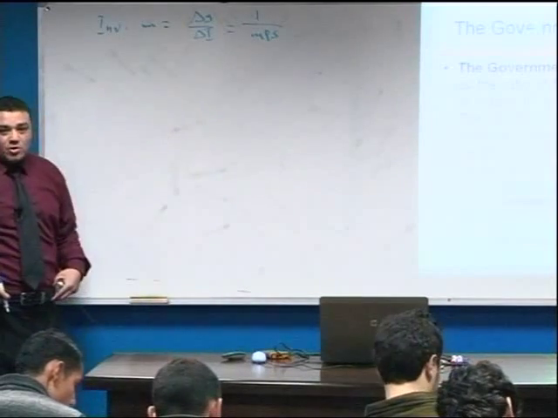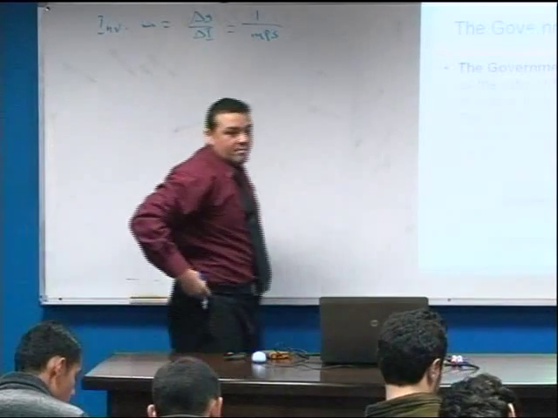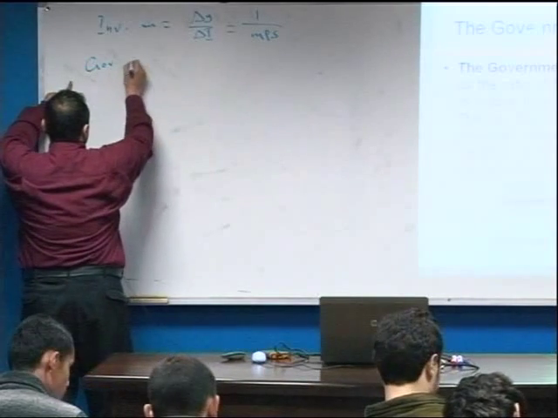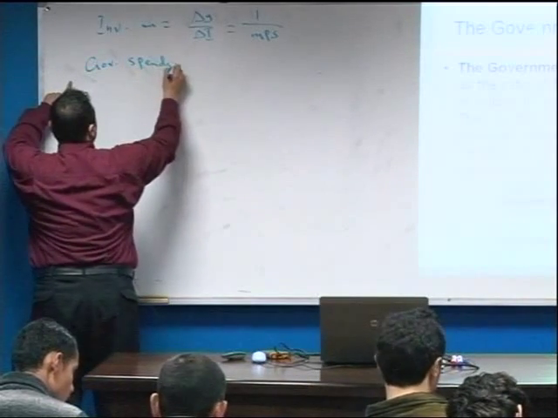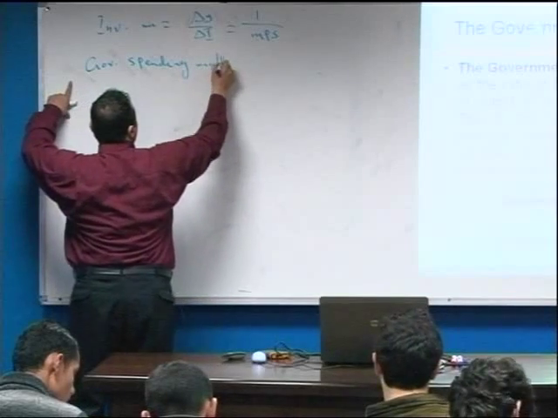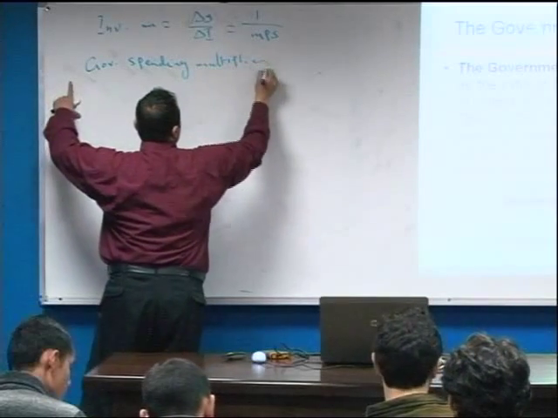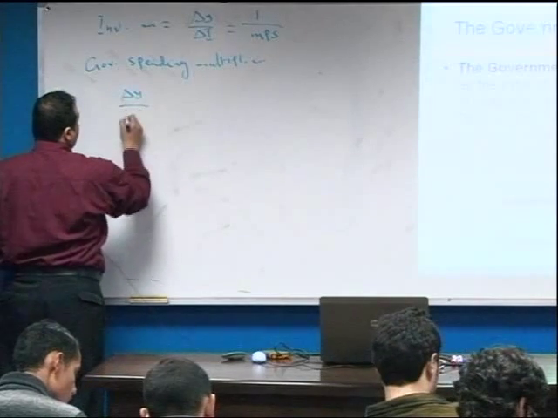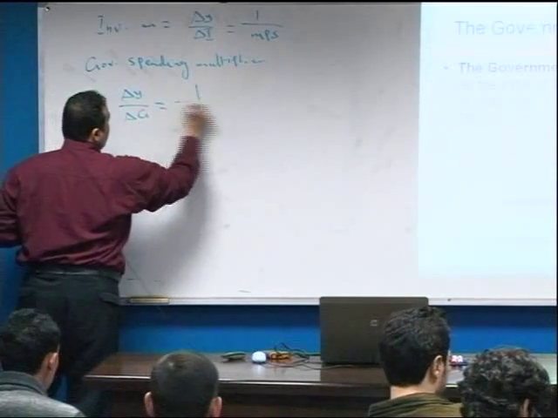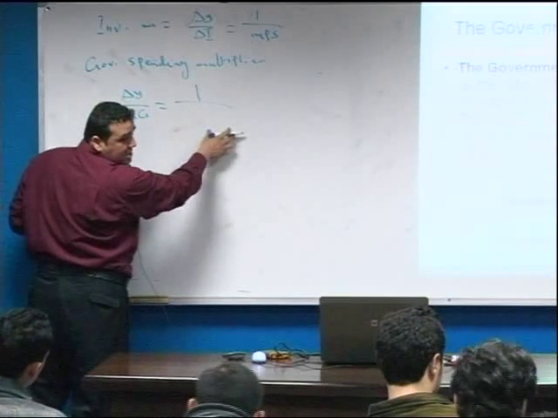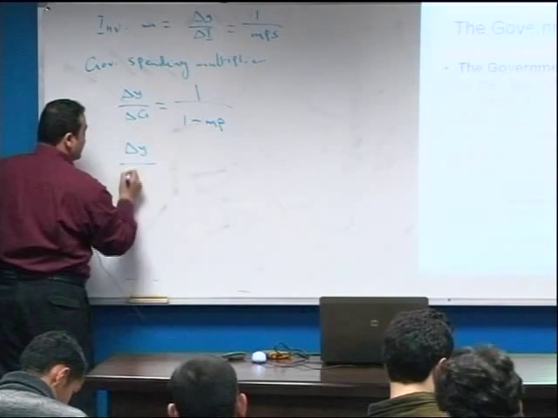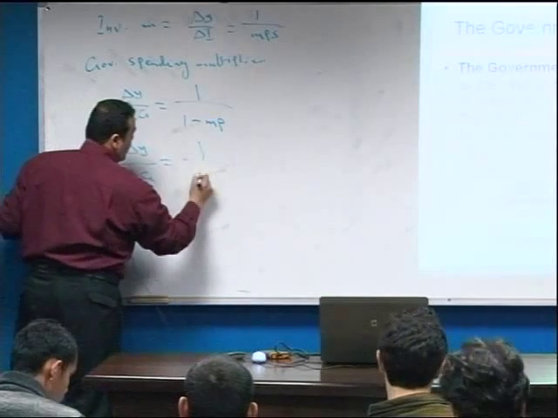But now we will talk about the government spending multiplier, which is delta Y over delta G equals 1 over the same, 1 minus MPC, or delta Y over delta G equals 1 over MPS.